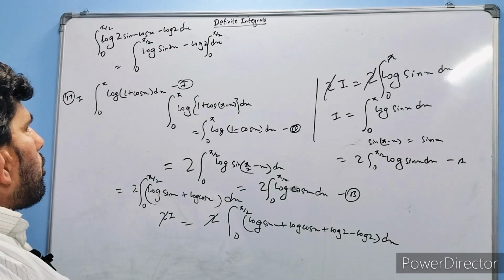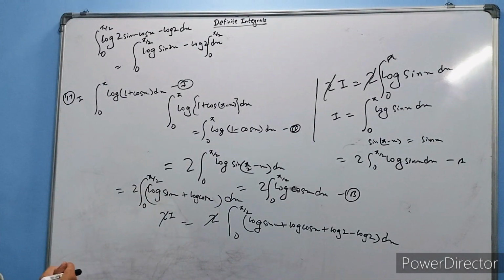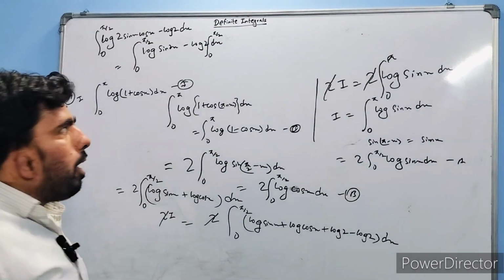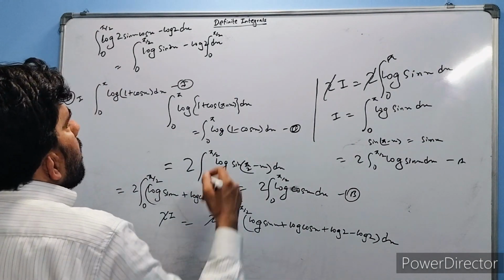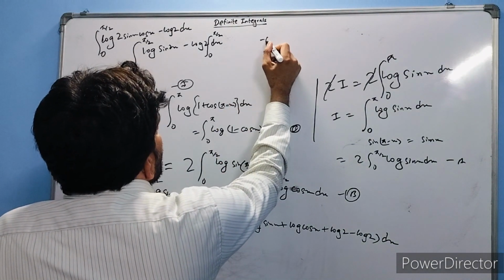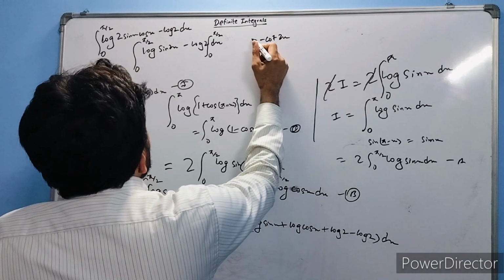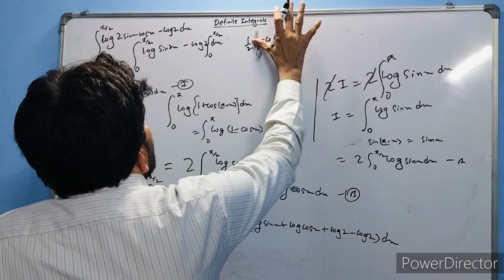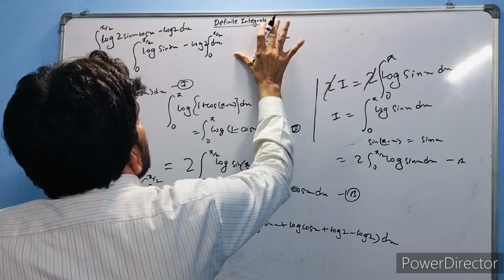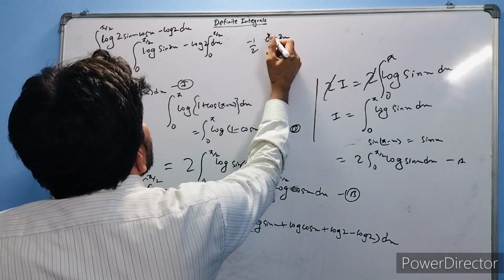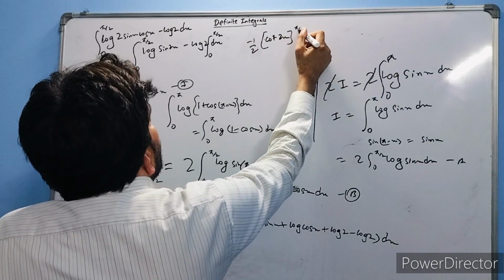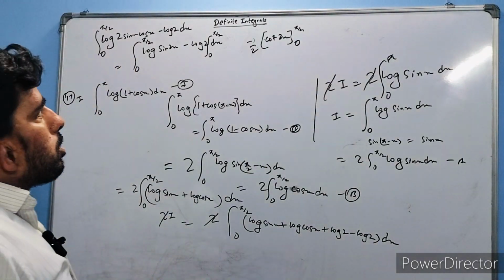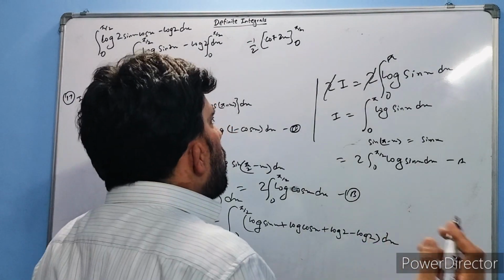Now we can integrate: the integral of log sin 2x is minus cot 2x, and the 2 from 2x we can take outside as 1 by 2, from 0 to pi by 2, because cos 2x upon sin 2x is cot 2x.